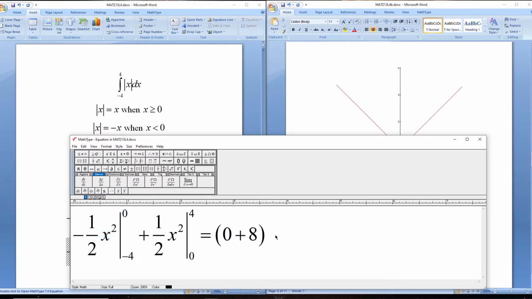And now we'll go to the second antiderivative. Now we're going to plug 4 into that. So 4 squared will give us 16, and then 1/2 times 16 will give us an 8. And then we're going to add to that.